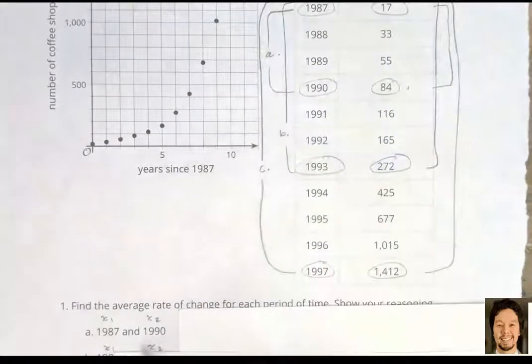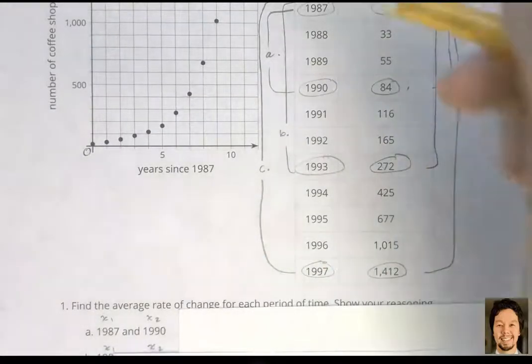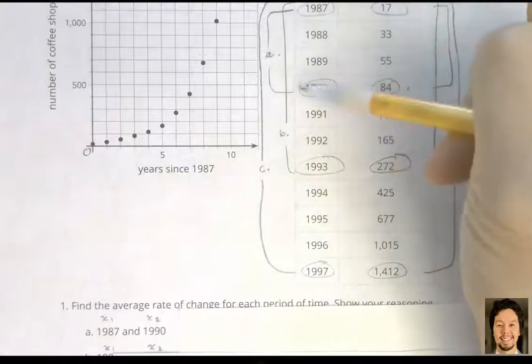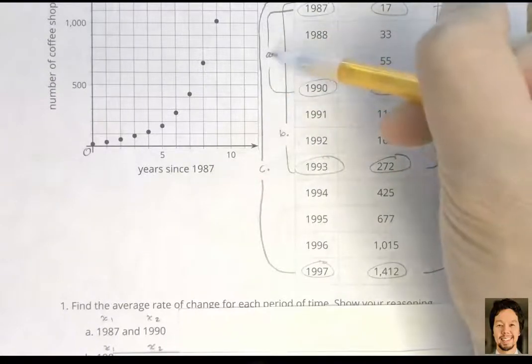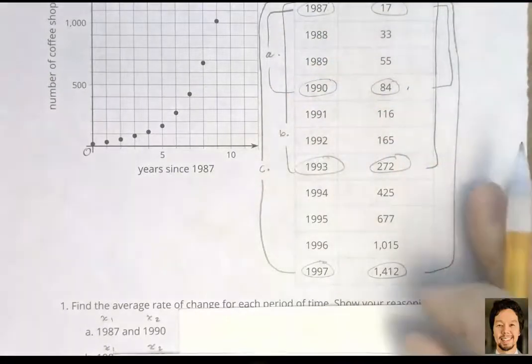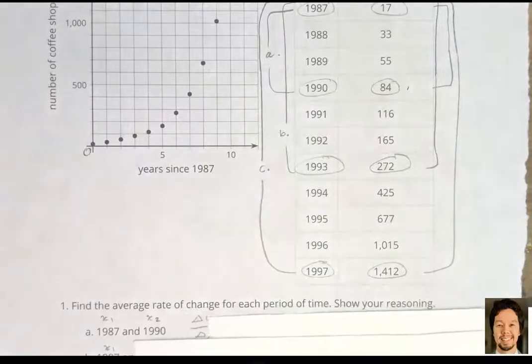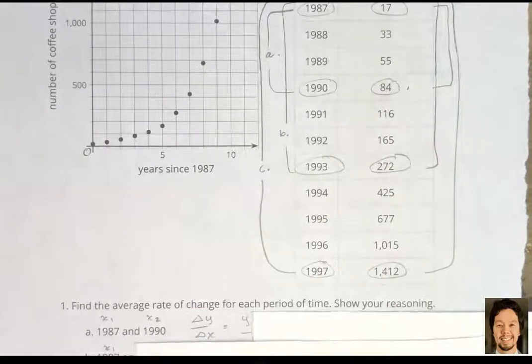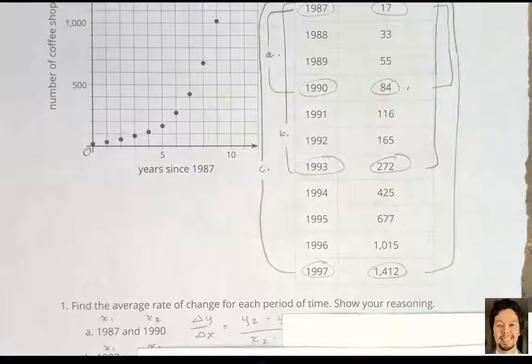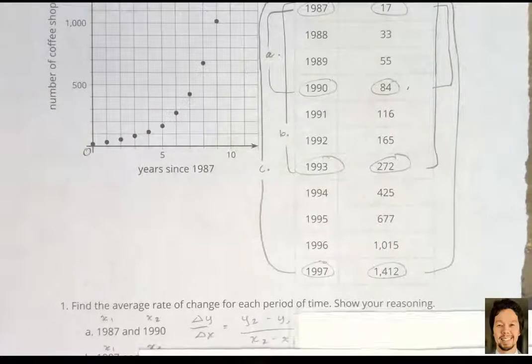So for exercise A, I've gone ahead and actually drawn a line that connects 1987 to 1990 and labeled it with A. And now I know exactly what gets Y2 and Y1 and X2 and X1. So again, I'm using the formula delta Y over delta X that we learned when we learned about slope.